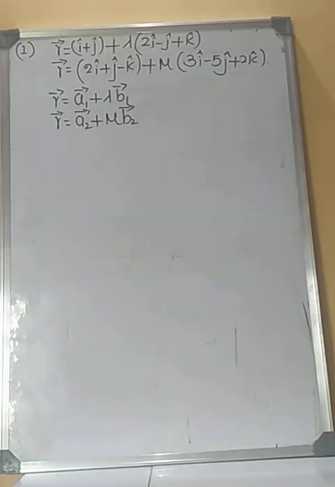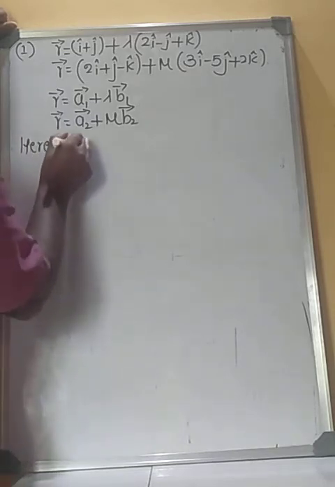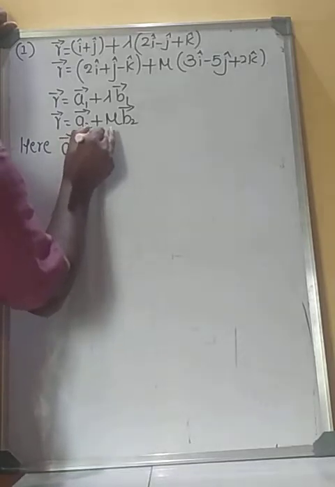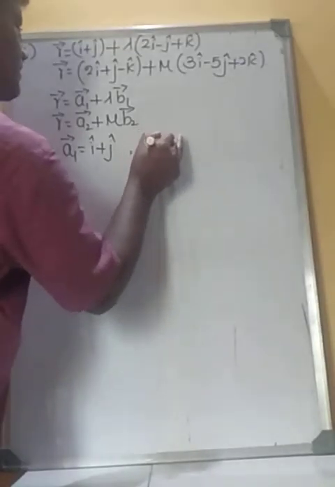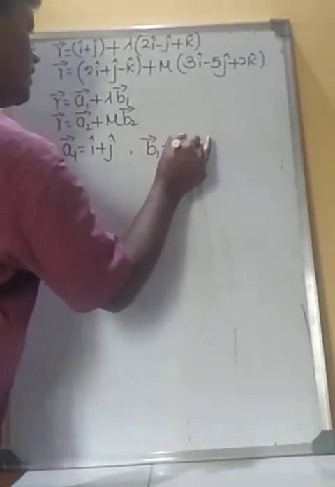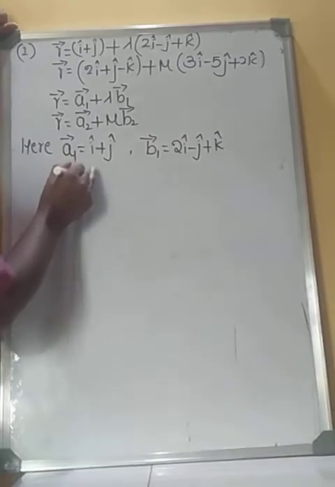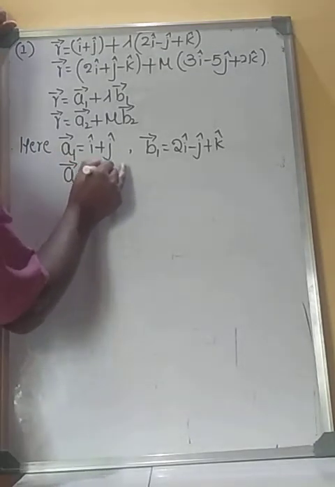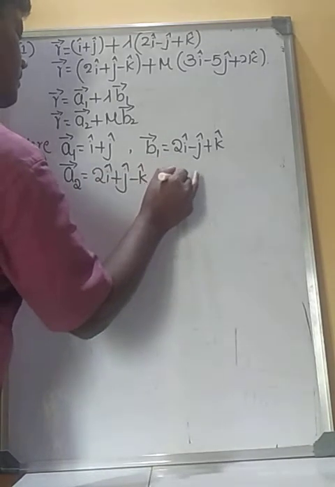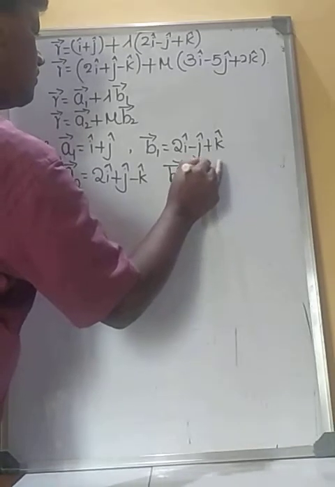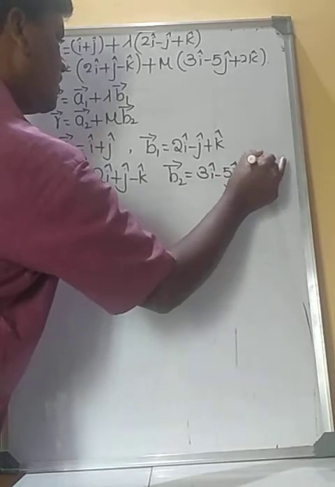So comparing the vectors here, A1 vector is equal to i plus j, B1 vector is equal to 2i minus j plus k, A2 vector is equal to 2i plus j minus k, and B2 vector is equal to 3i minus 5j plus 2k.